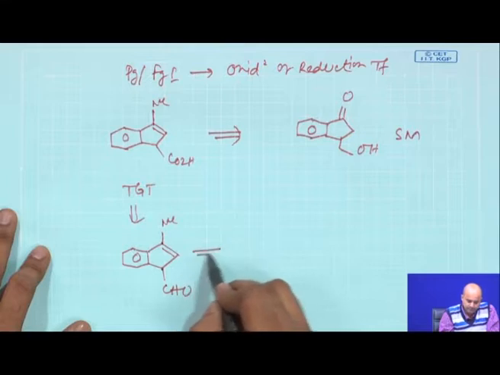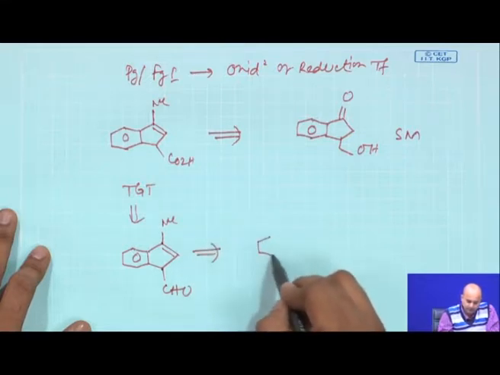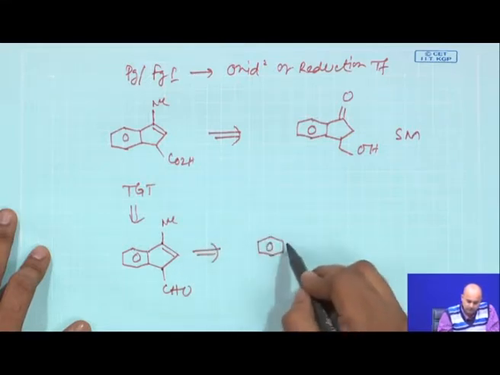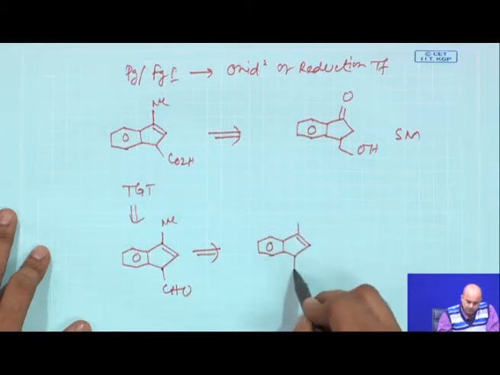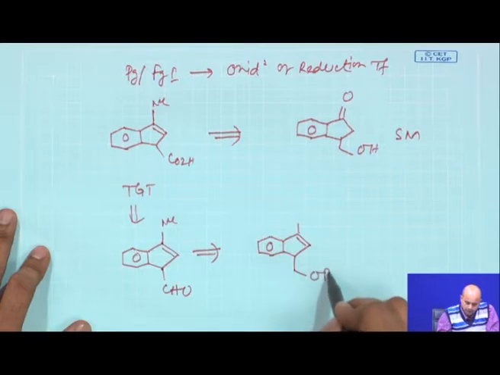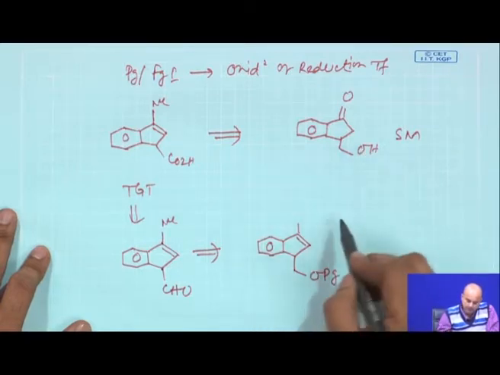Okay. Then we use protecting group chemistry for the free alcohol, because you need a free alcohol.